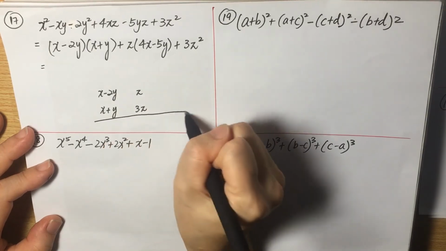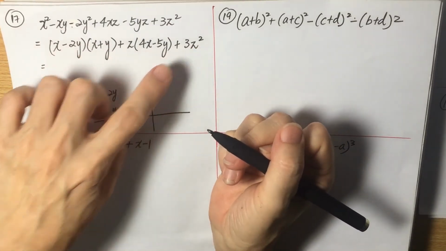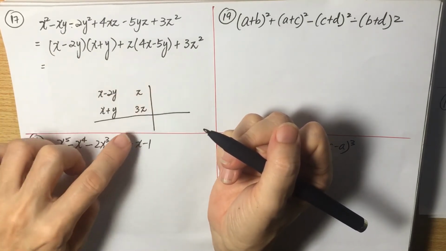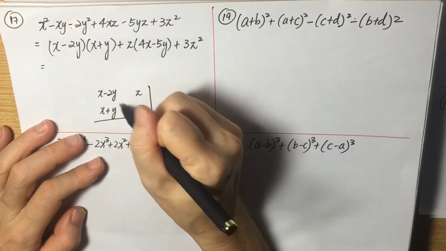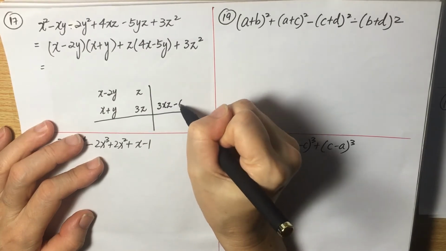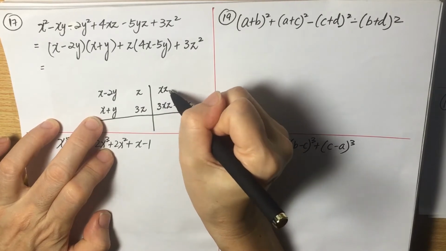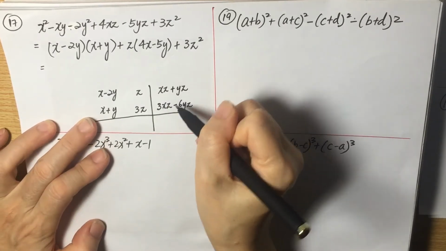Can you see this? These two times together is this one. These two times together is this one, right? So if I were to cross multiply, I have 3xz minus 6yz, and this is xz plus yz.